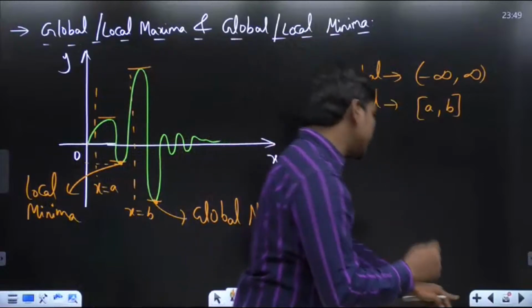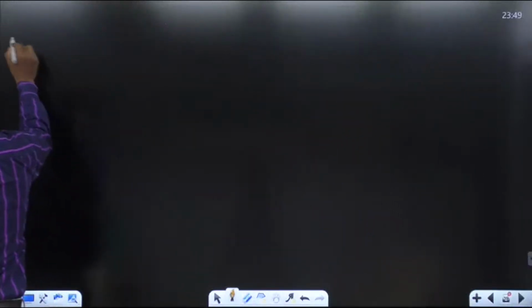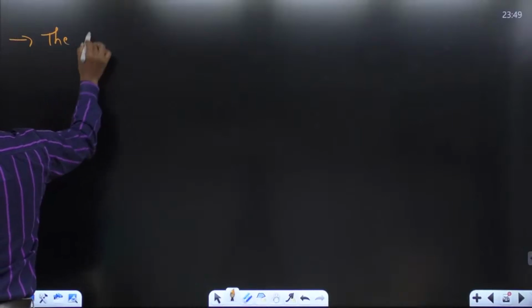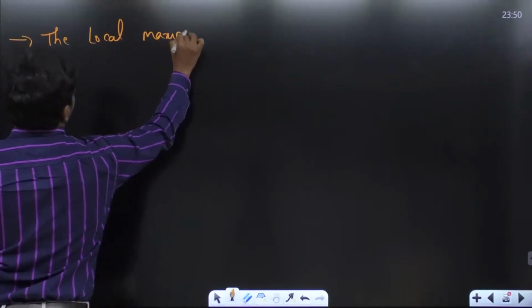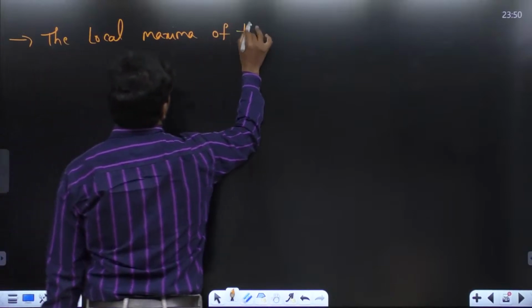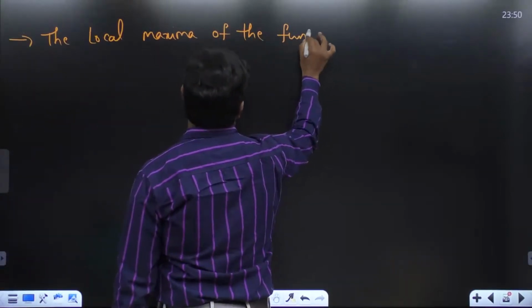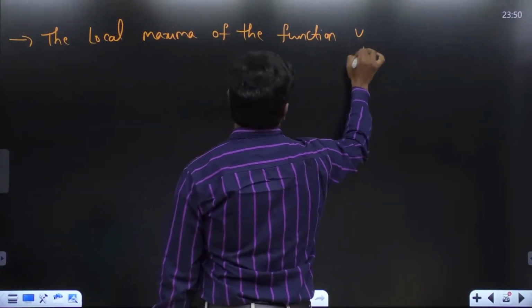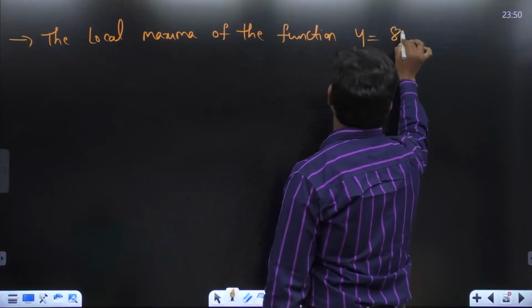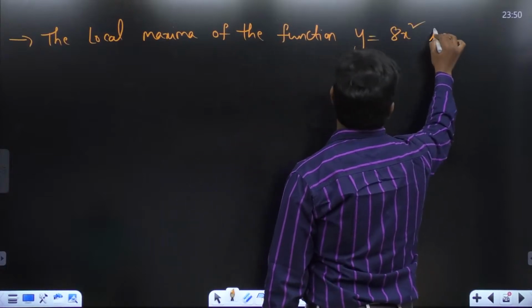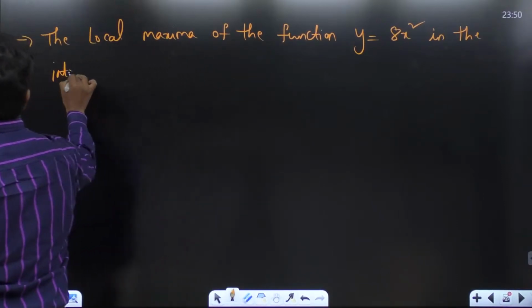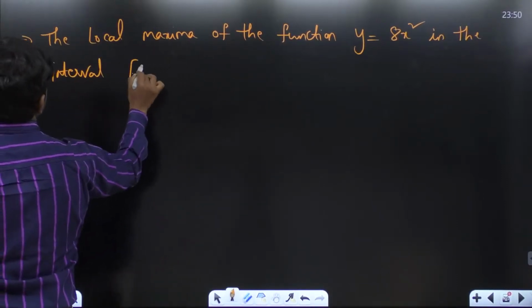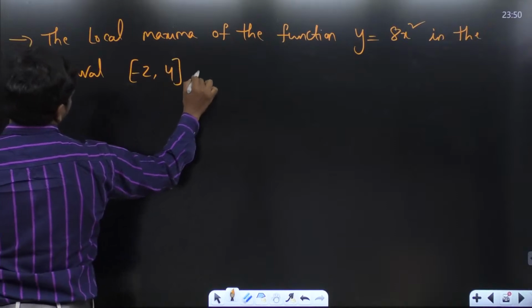For example, let us deal with one question. You will try to understand. The local maxima of the function y equal to 8x square in the interval minus 2 to 4 is dash.